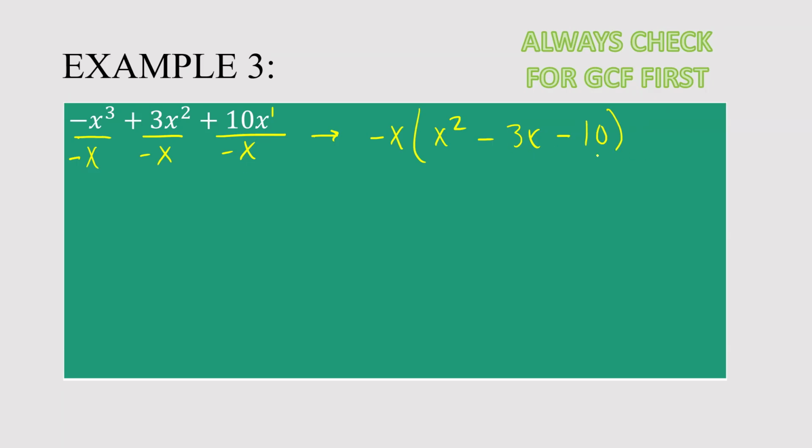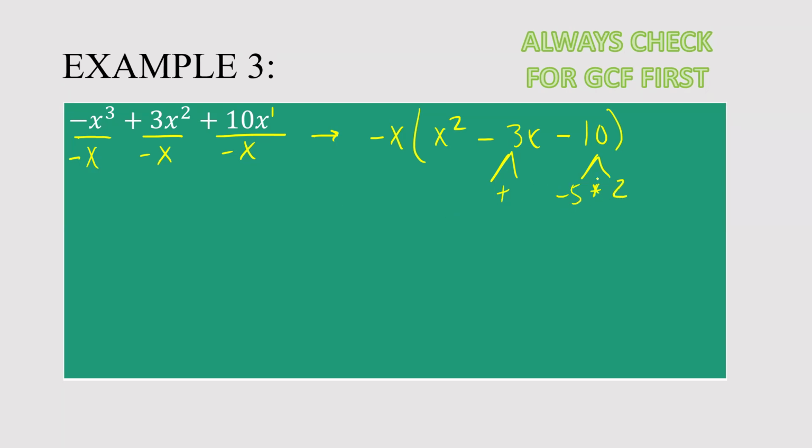All right, now we ask ourselves what multiplies to give me negative 10, but adds to give me negative 3. What are my magic numbers? You are perfect. Negative 5 and 2.